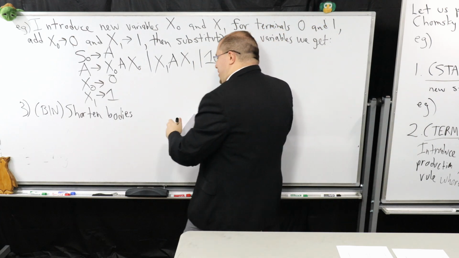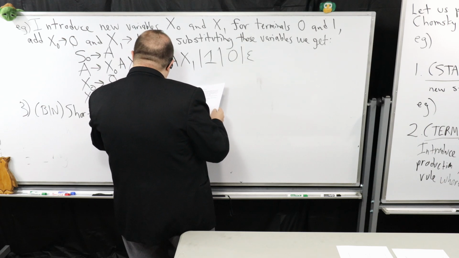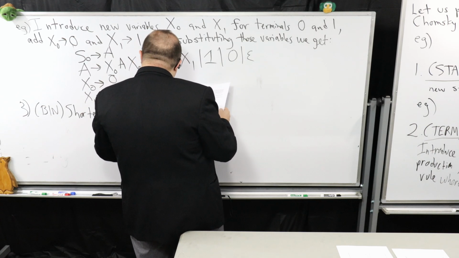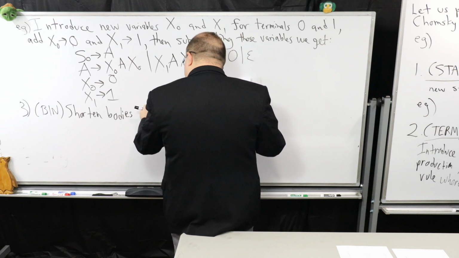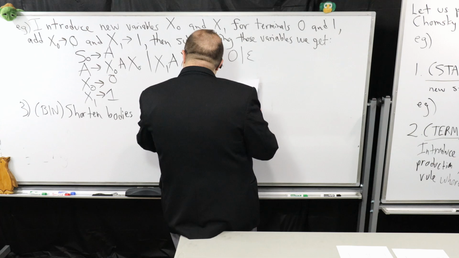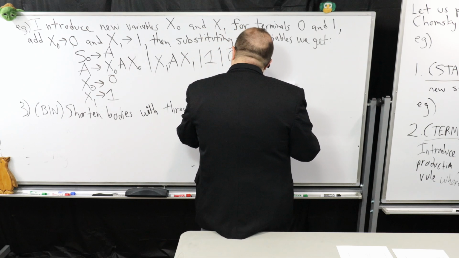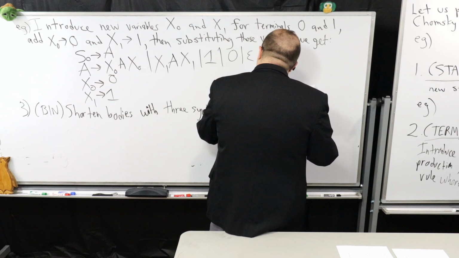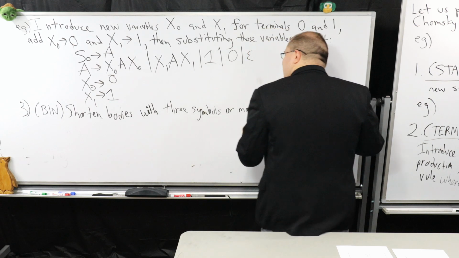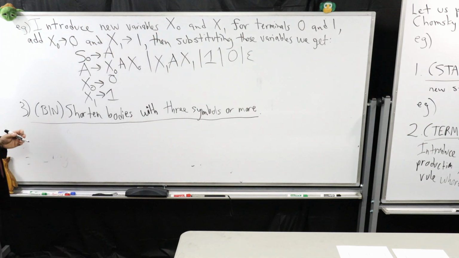So we're going to shorten bodies with 3 symbols or more. I would like to make sure that every production has at most 2 symbols.